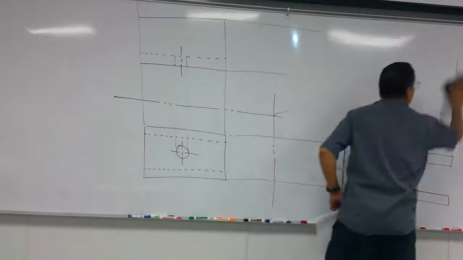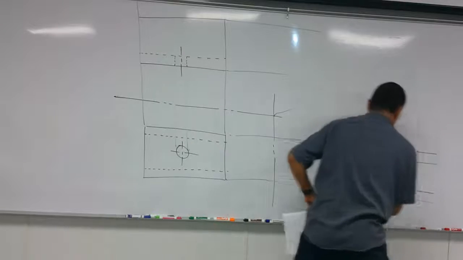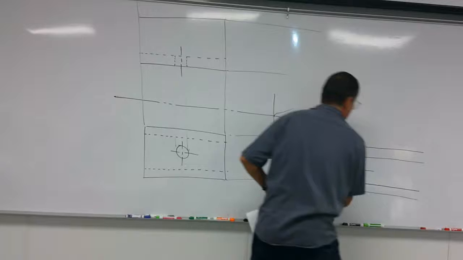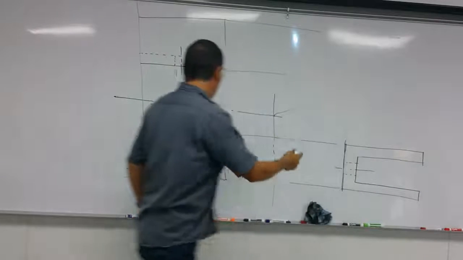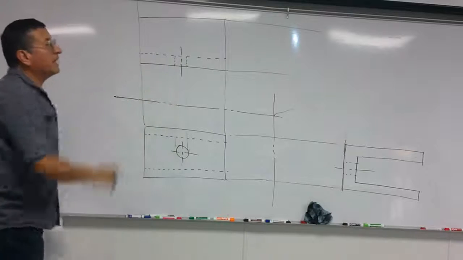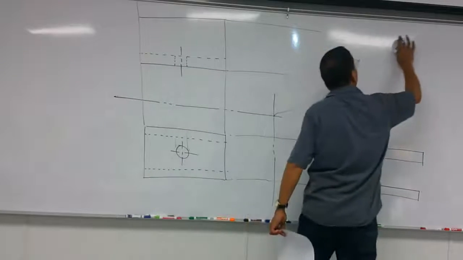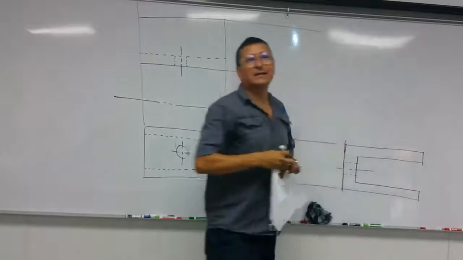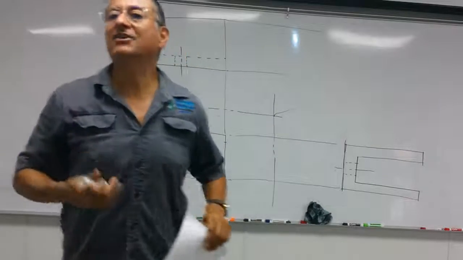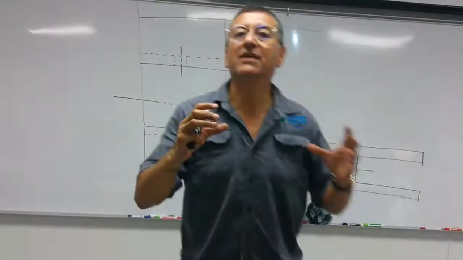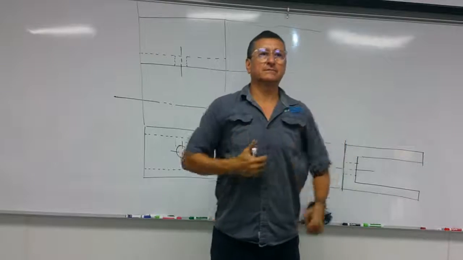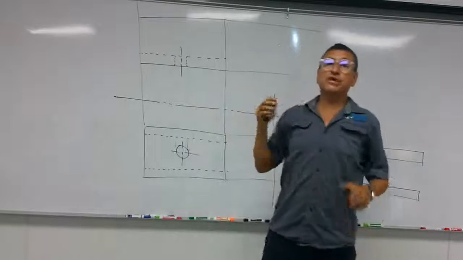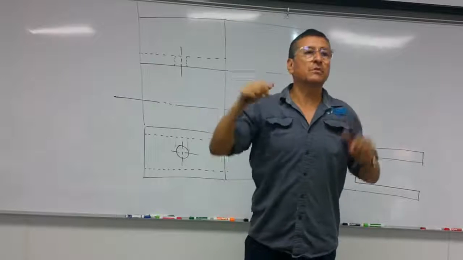Suppose that I only have the views and I want to create the solid, the isometric. The isometric is the 3-dimension projection of the object. And the orthographic projections are the 2-dimension projections.